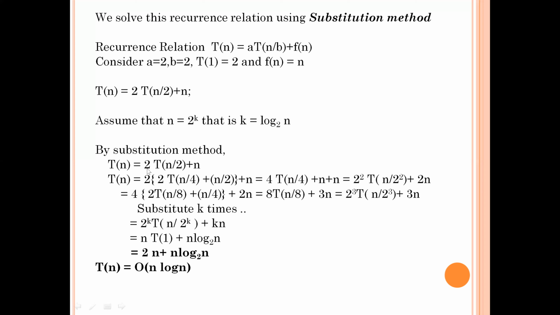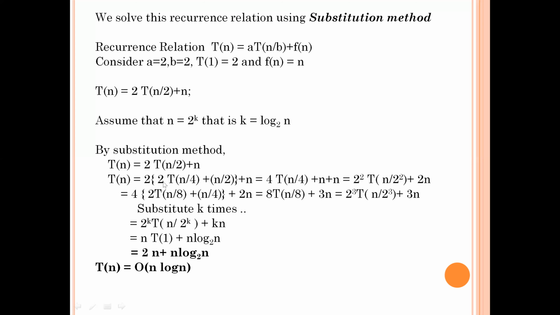Then this 2 stays outside and you get 2 T of n by 2 by 2, so it becomes n by 4, plus in place of n you place n by 2, and next plus this n is written as it is.